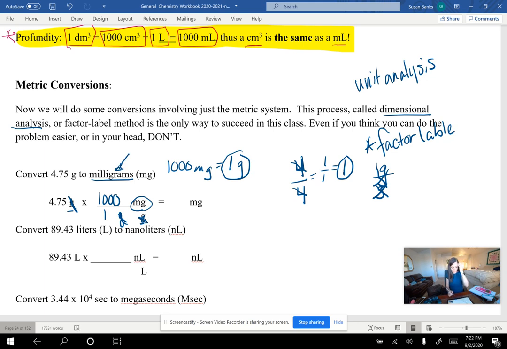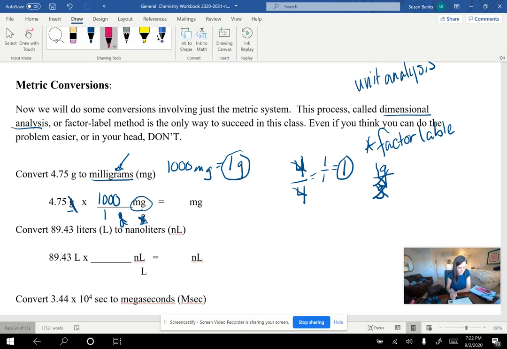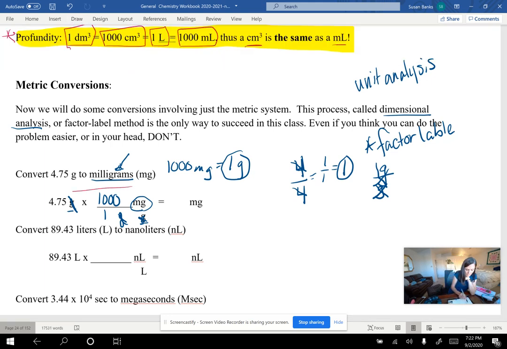So that's good. Now we have to do the math part. So let's look at the math. So everything math-wise that we come across at the top, we're going to use as a multiplier. We're going to multiply all the numbers on the top, and any number that we have on the bottom, we're going to use it as a divider. Okay, so let's look at this. We're going to take 4.75, multiply it by 1,000 and divide by 1.